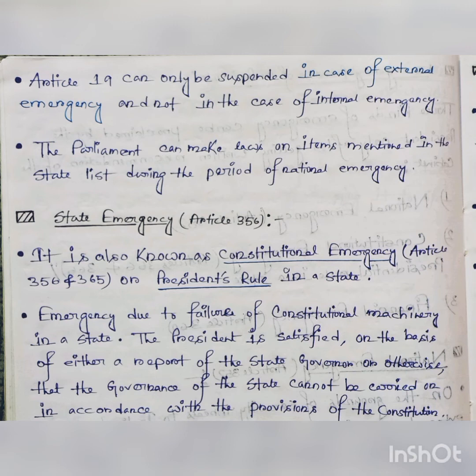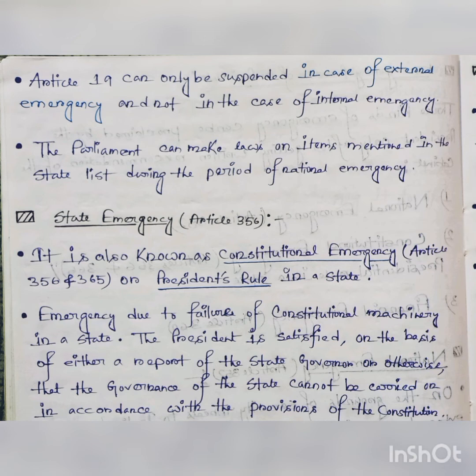Next emergency, state emergency, Article 356 and 365. It is also known as the constitutional emergency, or presidential rule in a state. It is an emergency due to the failure of constitutional machinery in a state.